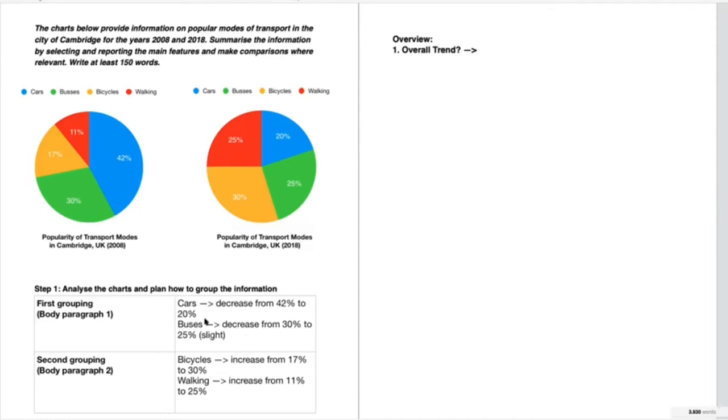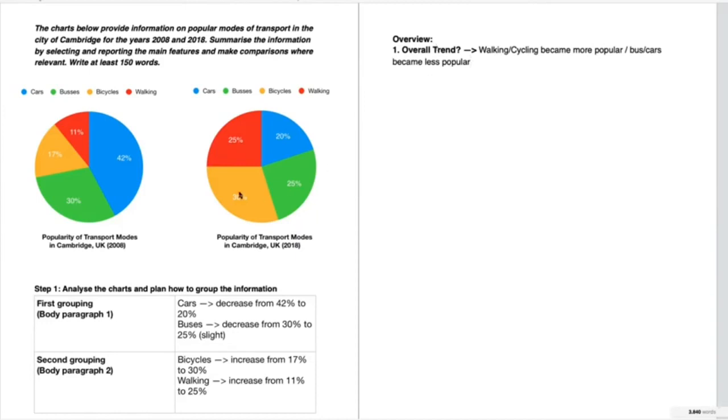We understood that from analyzing the charts. So I'm going to write that and say walking and cycling became more popular, whereas the bus use and cars became less popular. Of course, I'm going to spruce this up and write in full sentences in my essay, but this is just to give us an idea. I do want to call your attention to the fact that this is all you should be writing for the overview paragraph.